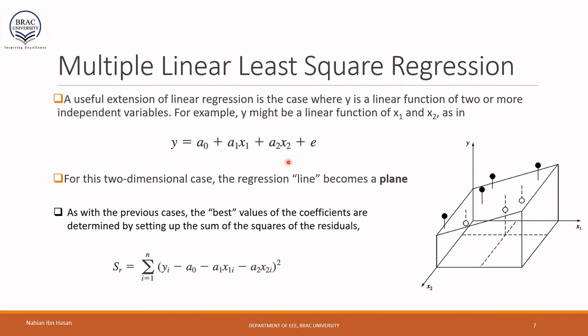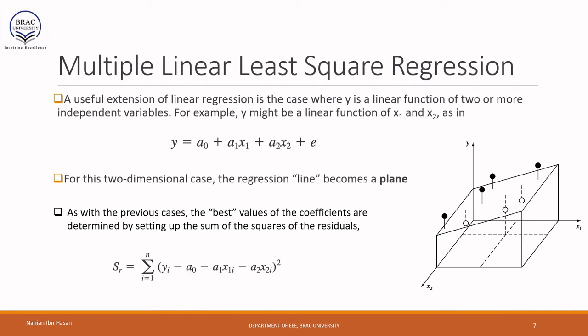So we subtract the best fitted line from the true value, that means yi minus a0 minus a1 x1i minus a2 x2i. These are the individual data point errors. We take the square, then take the summation over all of the data points, and then we determine the SR term. What we want to do is minimize this SR term, so we need to differentiate SR with respect to a0, a1 and a2.